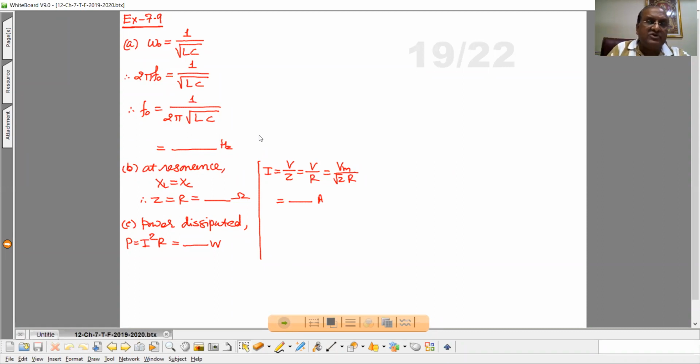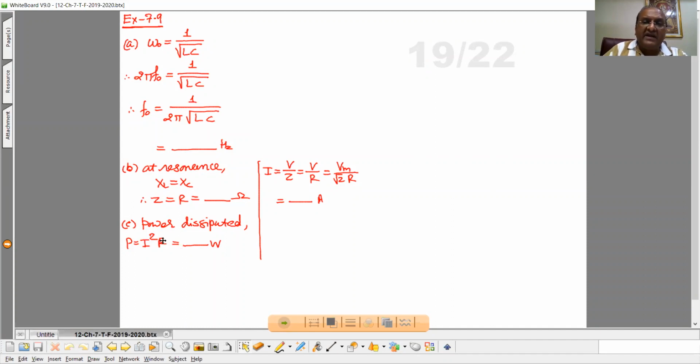Now at resonance, XL equal to XC. So in that particular case, Z equal to R, and the value of R is given to you, 3. So you will get Z equal to R equal to 3.